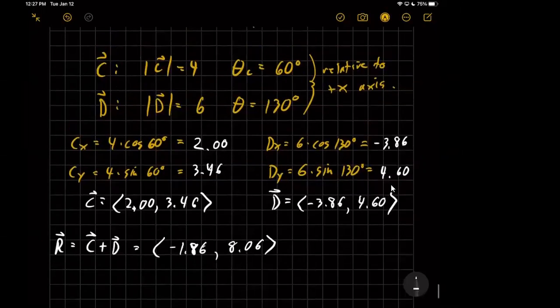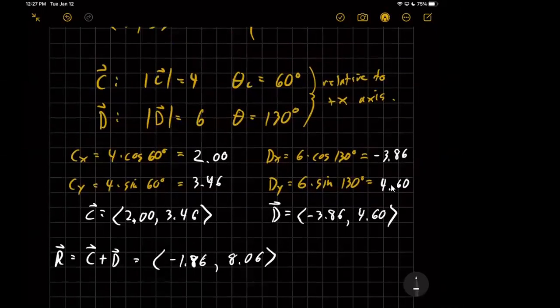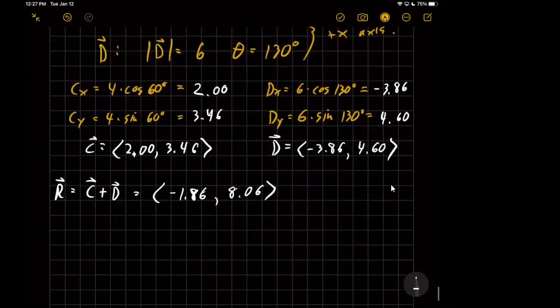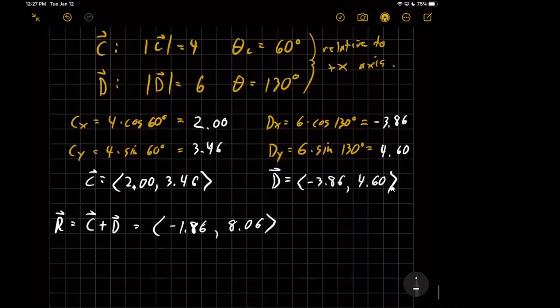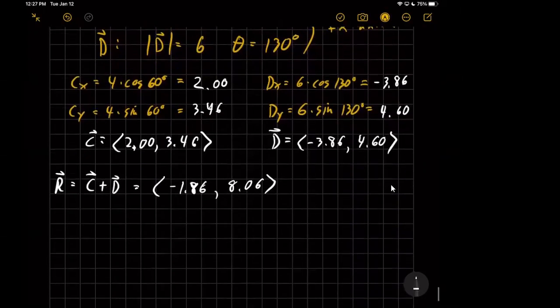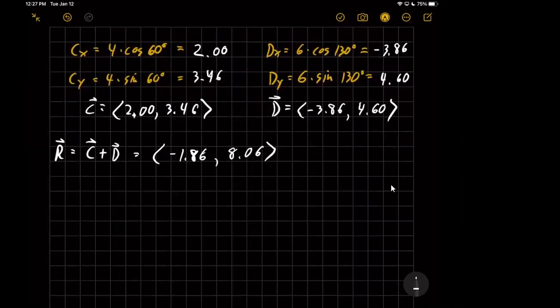Okay, so that is the component form of my answer. But if the problem starts with magnitudes and directions, usually it will sometimes explicitly say it, but if it doesn't, you should assume that your answer should be given as a magnitude and a direction. Okay, now let's look at the components. This indicates that what we have is an answer that is 1.86 to the left.